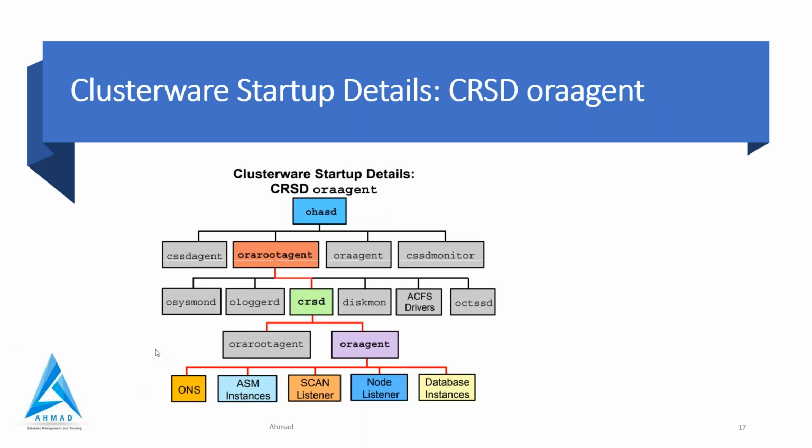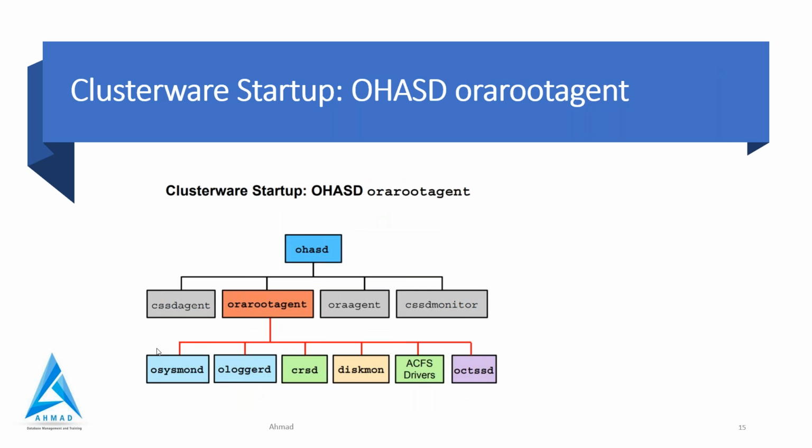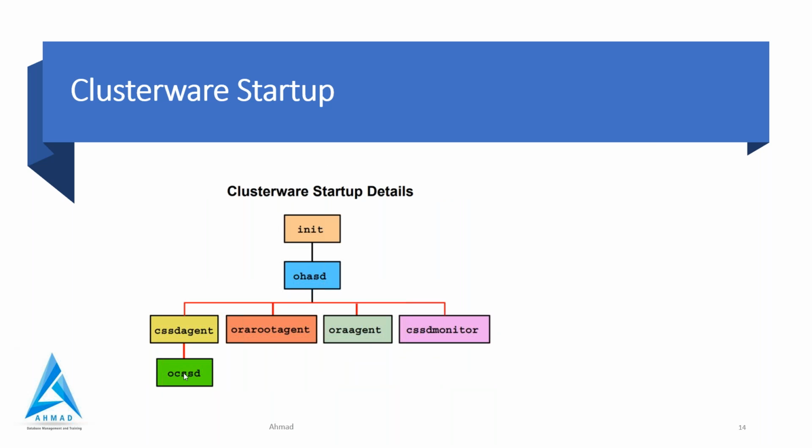If you see the first slide of the process, basically this process finds the voting disk, either in ASM or shared storage, and then joins the cluster.